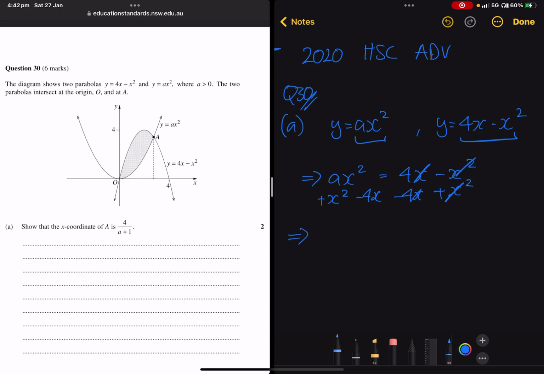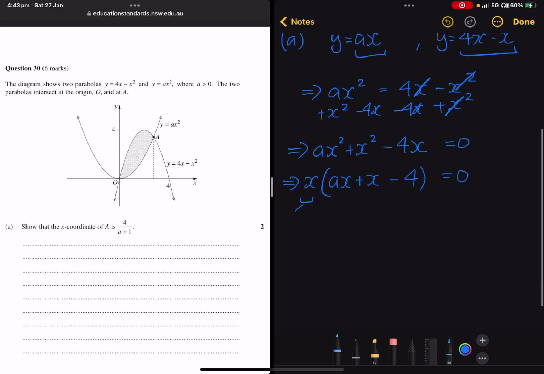This will yield for us ax squared plus x squared minus 4x is equal to 0. Now this is a quadratic equation which we can solve. We can factor x out of everything on this side. So we get x times (ax plus x minus 4) is equal to 0.